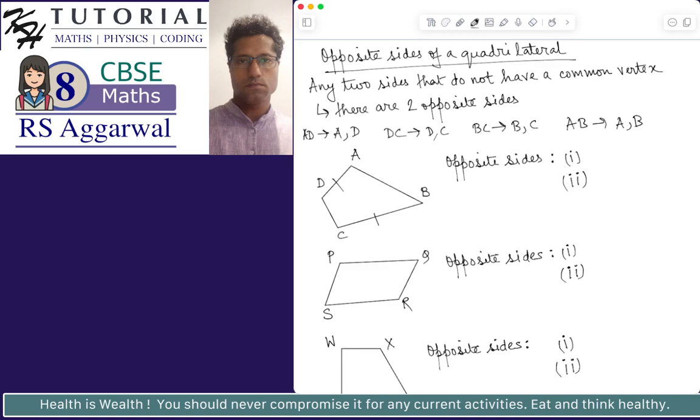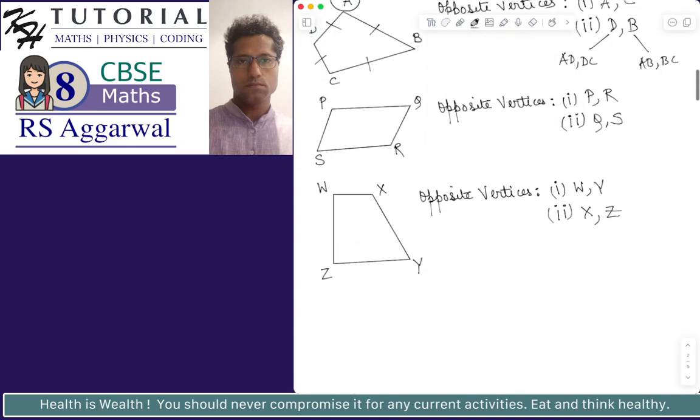So in a quadrilateral there are two pairs of opposite sides. So the first pair of opposite sides we can say is AD and BC. The other pair of opposite sides is AB and DC. I was saying set, but set is the incorrect way of saying it. It's better to say a pair of opposite sides. AD and BC is the first pair of opposite sides, and AB and DC is the second pair of opposite sides.